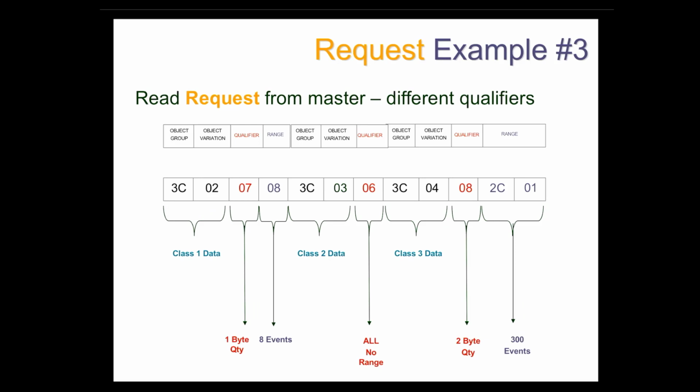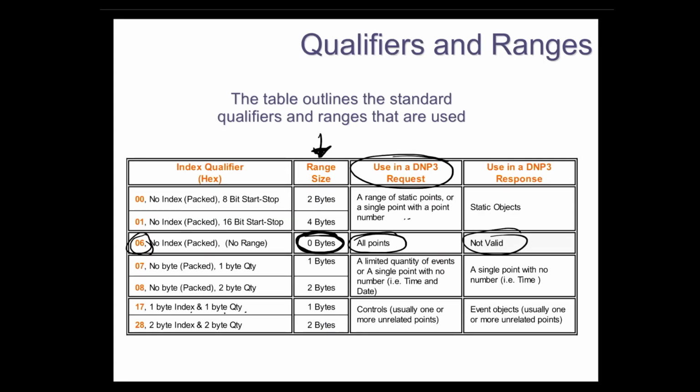So if we take a look at a few other examples of different qualifiers, we see some other examples that could be leveraged in a request here. Notice how we're still doing a class 1 poll here, but instead of a 06 qualifier, we have a 07 qualifier. If you go back, you see a 07 qualifier is indicating a 1 byte quantity.